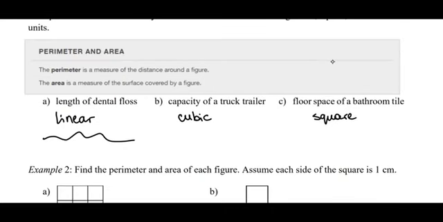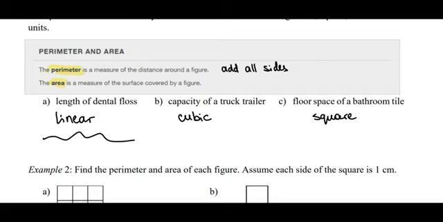To find the perimeter or area: perimeter is the measure of the distance around the figure. So to find the perimeter, you just add all sides. And the area is a measure of the surface covered by a figure. The area is the surface that is included within that figure.